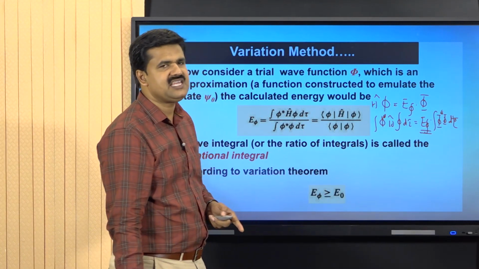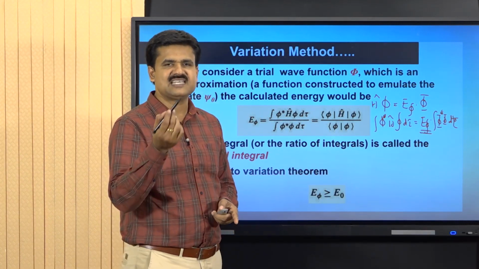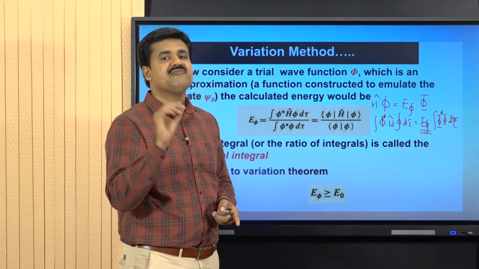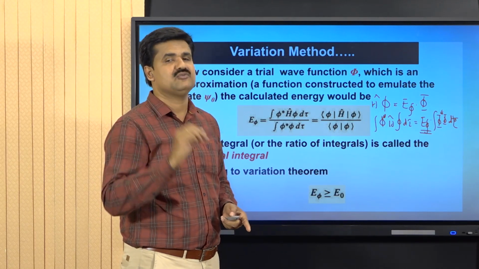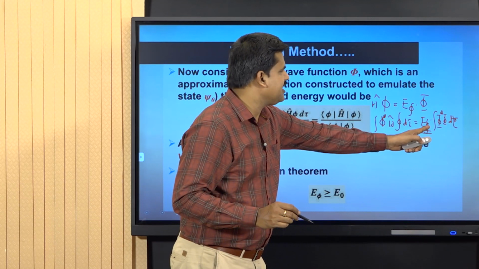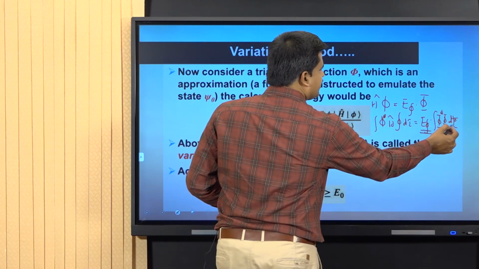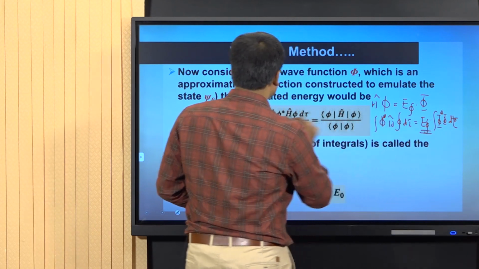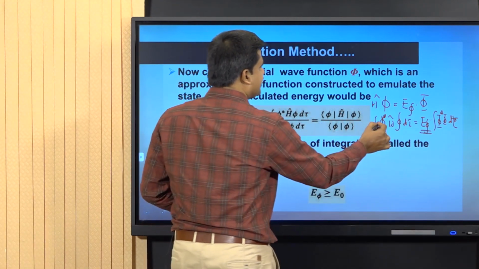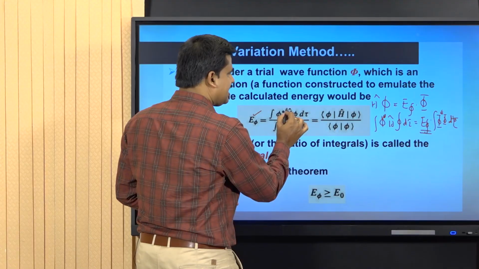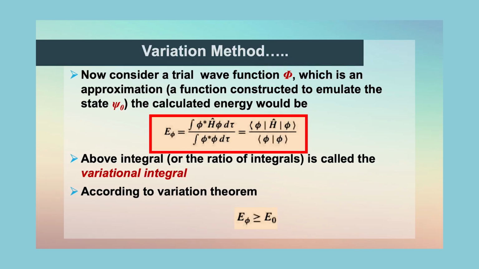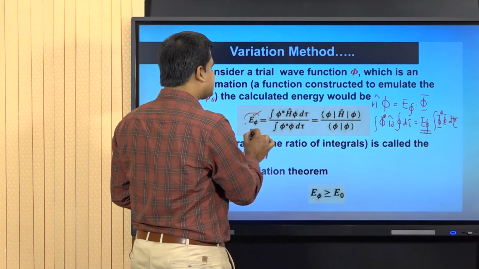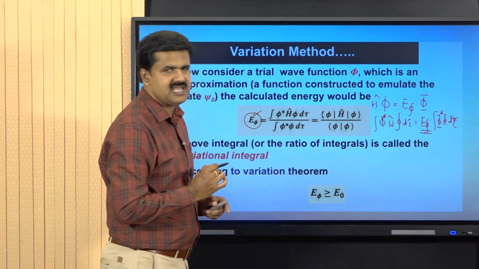E phi is the energy associated with the system when we use a trial wave function. E phi will be equal to, with this term going to the denominator, integral phi star Hamiltonian phi d tau divided by integral phi star phi d tau. What is meant by E phi?